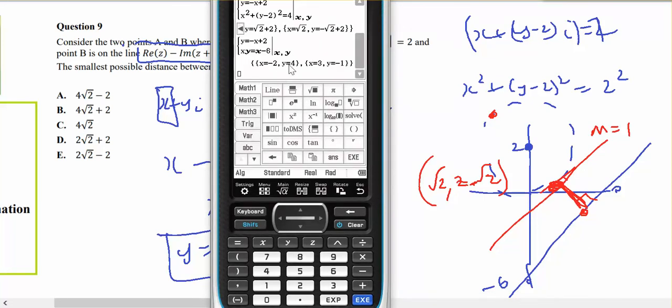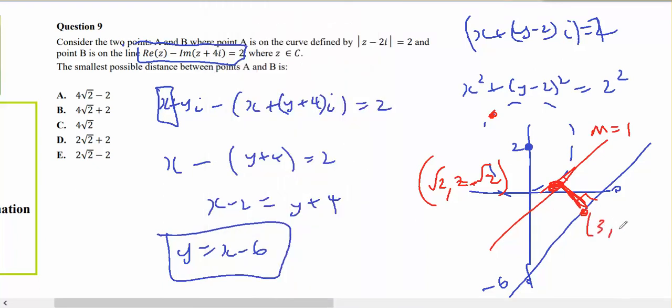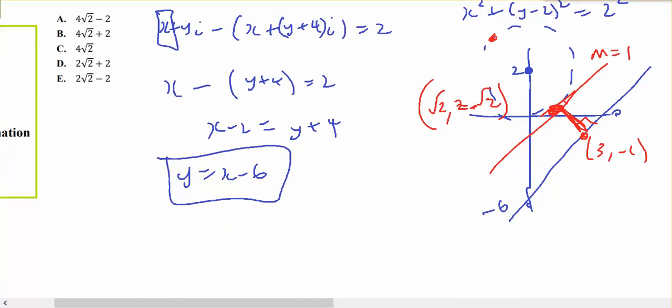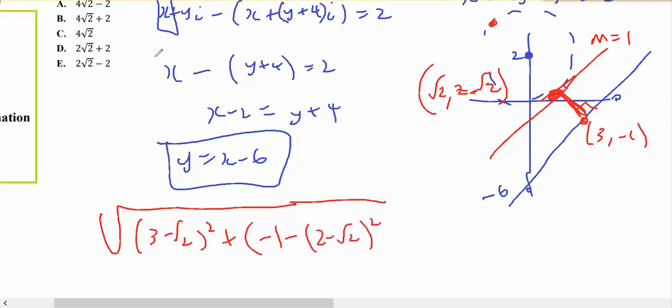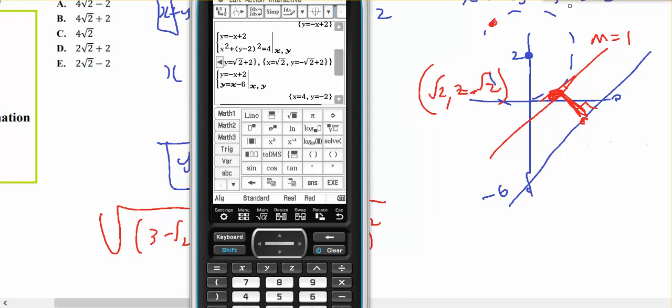And I get -2, 4, 3, -1, that's what I want. And now I want to find the distance, so it's going to be the square root of (3 minus root 2) squared plus (-1 minus (2 minus root 2)) squared, square root, and hopefully it's one of those choices.